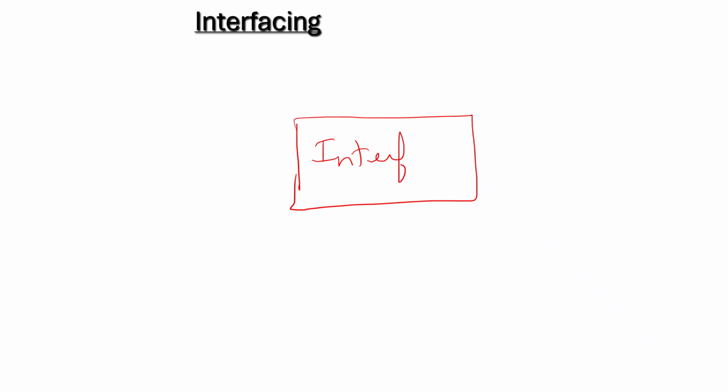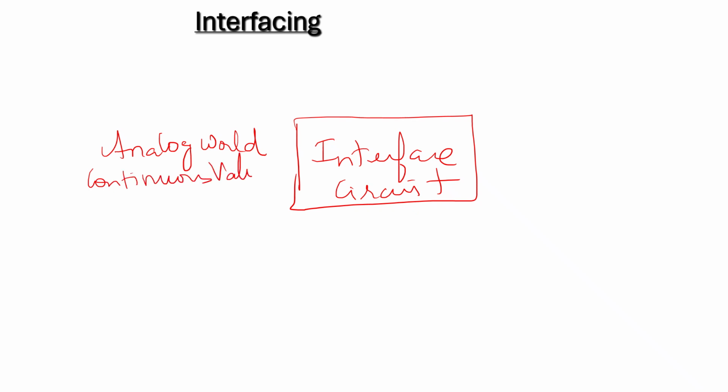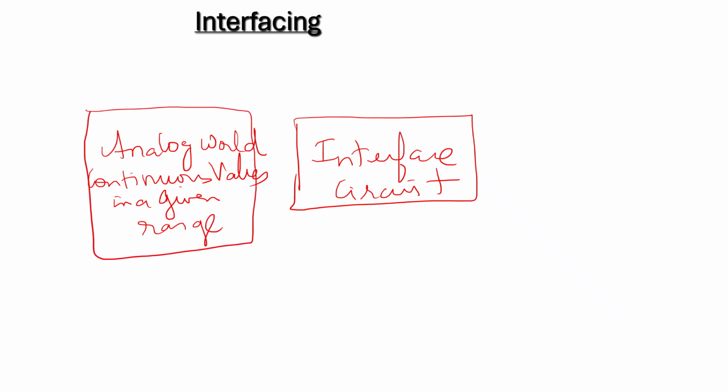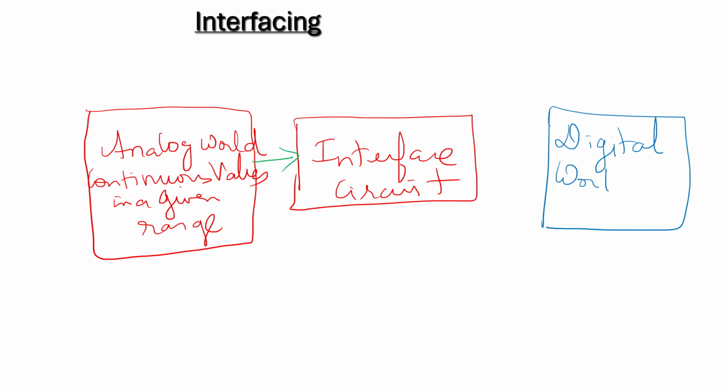So if this is an interfacing circuit, the analog world, continuous values in a given range, is fed to the interface circuit, and the output of the interface circuit is fed to the digital world, discrete set of values.